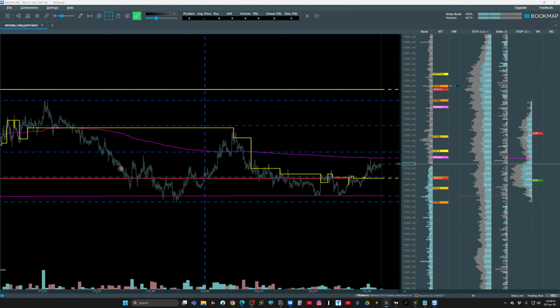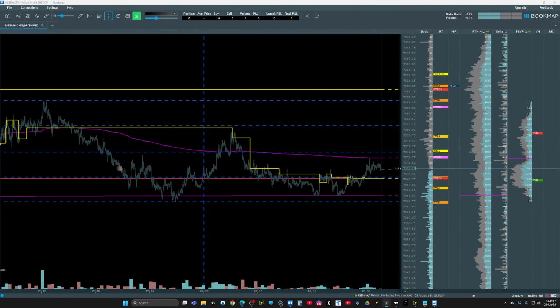I still think it's amazing that there's an 83% probability that it's going to take the high. Now, this is all night, till 8 o'clock, 8:30 in the morning, so there's a lot that can go on there.